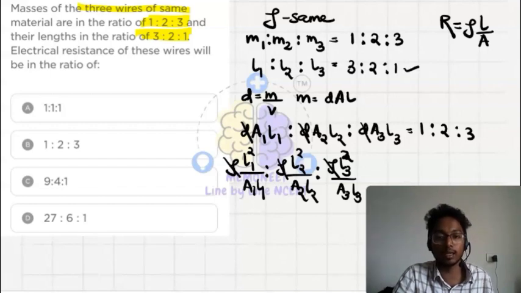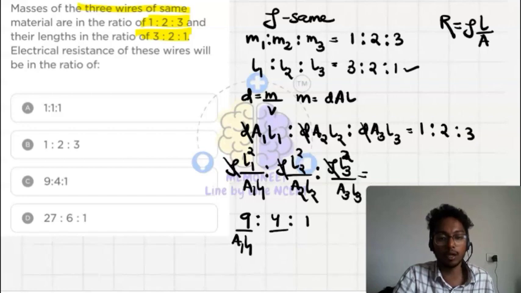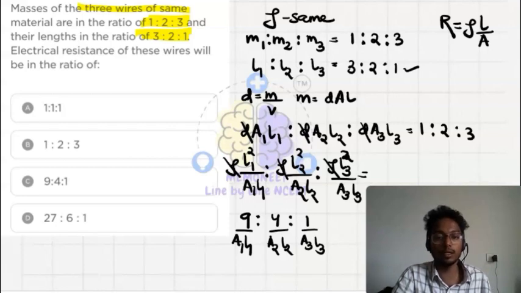It is 9 is to 4 is to 1, divided by A1 L1, A2 L2, and A3 L3. And we have A1 L1 is to A2 L2 is to A3 L3 equal to 1 is to 2 is to 3.